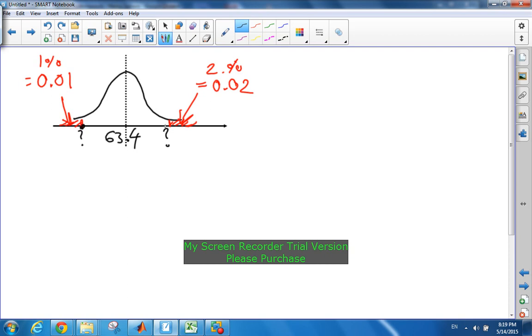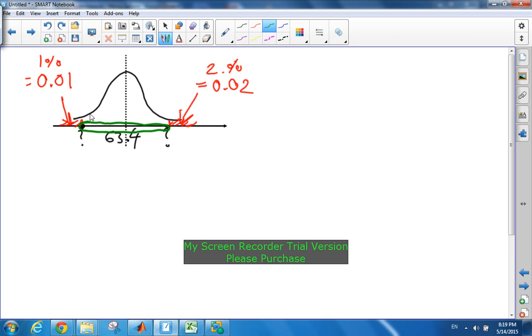So that will be the new criterion. Everybody who falls into this region will meet the new criterion. Okay, so we need to find this number. Obviously we will use inverse probability, so norm inv of value 0.01.